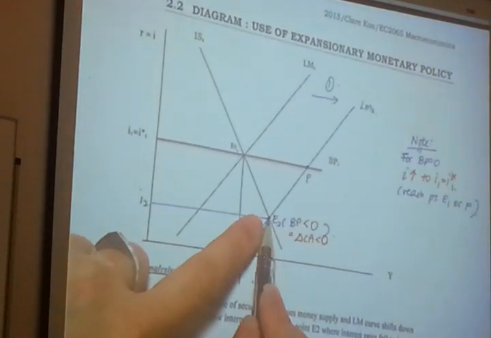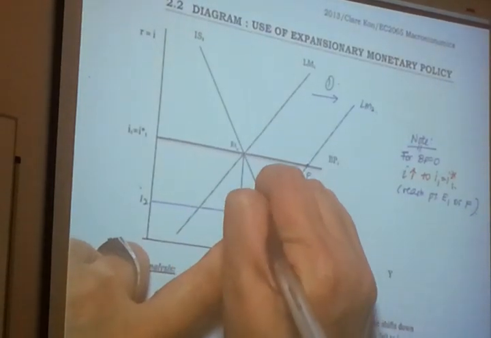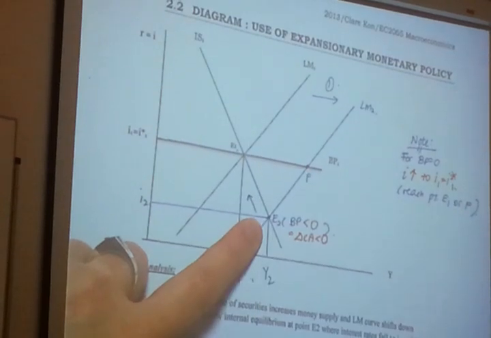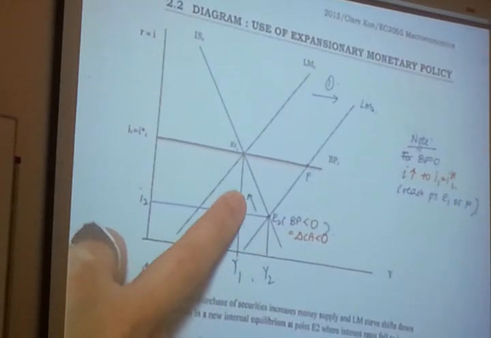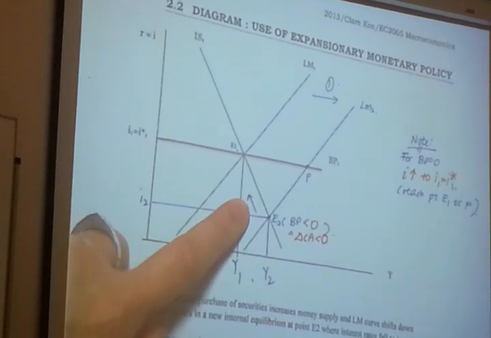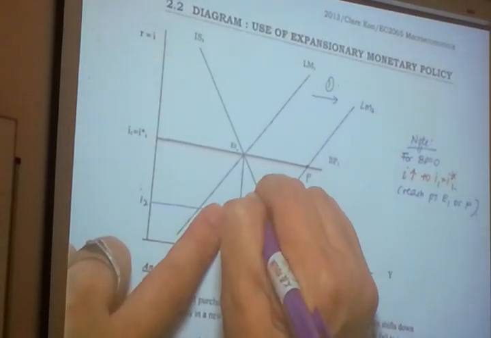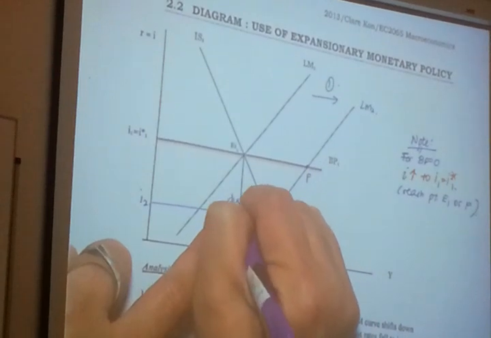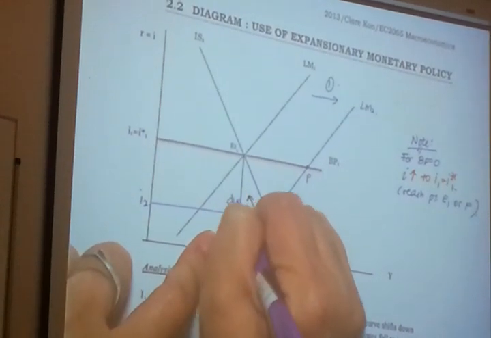So look at your diagram. You are at E2. You want to shift your LM upwards. So you know this is due to fixed exchange rate. So you can put it in if you want to, right? So put an arrow. This is due to, but it gets a little bit messy in the diagram.